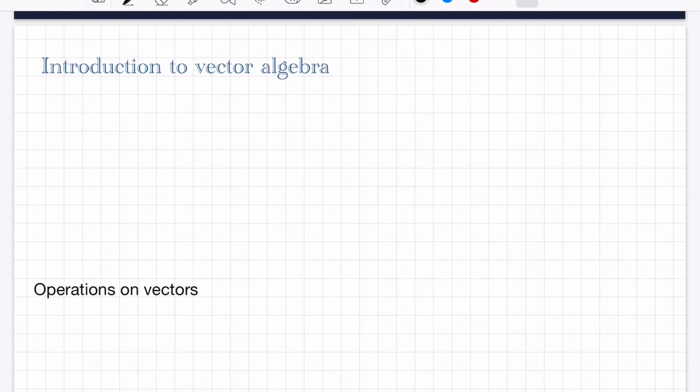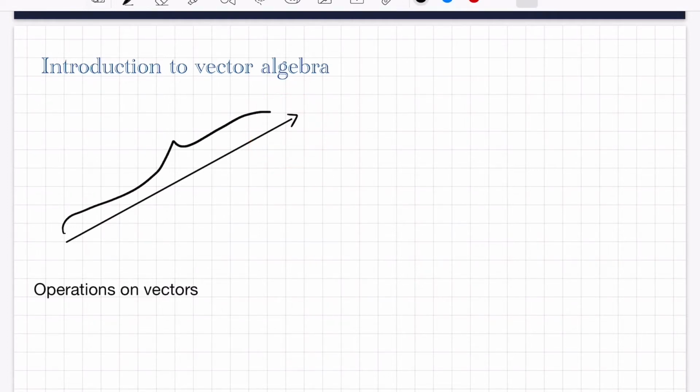In today's math class video, I will give you an introduction to vectors and vector algebra. So firstly, we have to define what a vector is. A vector is an object that has both a magnitude and a direction. Geometrically, we can picture this vector as a directed line segment as presented here.